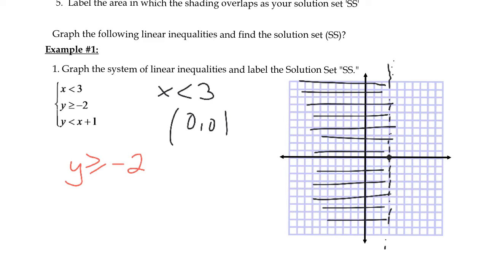First, think about y equals -2, which would be a horizontal line that intercepts the y-axis at -2. So you can find (0, -2), and now ask yourself, are we going to use a dotted line or a solid line? It has to be a solid line because it's greater than or equal to. So now draw a solid line through (0, -2).